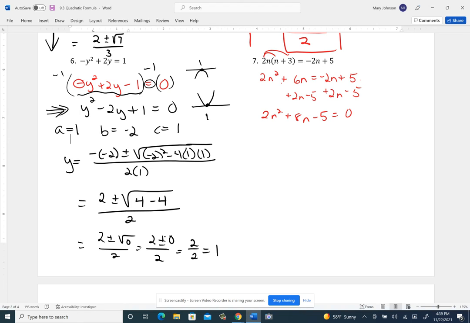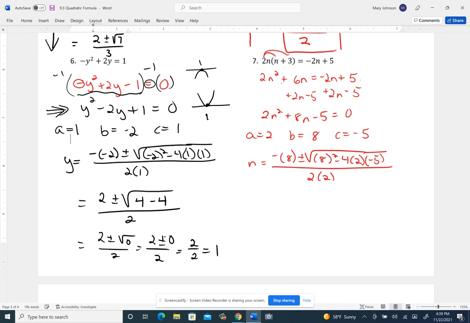Okay. Then I was told I had to use the quadratic formula, so I'm not even going to try to factor. A is 2, B is 8, C is negative 5. Okay. So the formula tells you what the value of the variable is. The n would equal the opposite of b plus or minus the square root of b squared minus 4 times a times c, all divided by 2 times a.